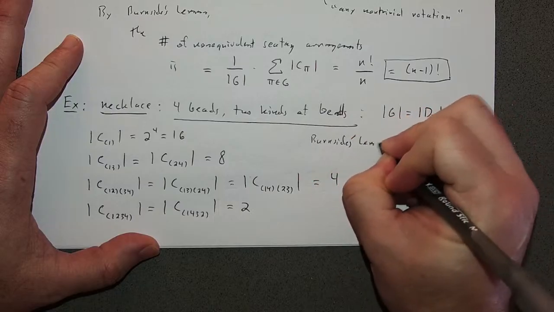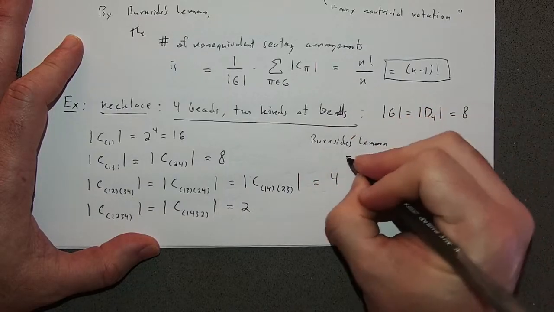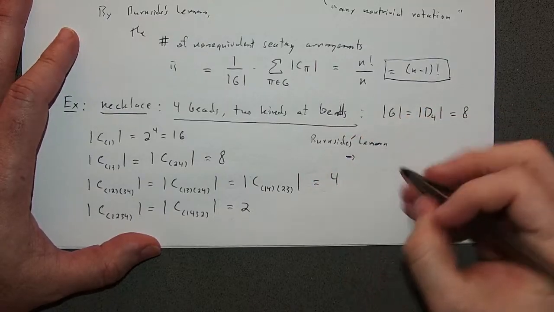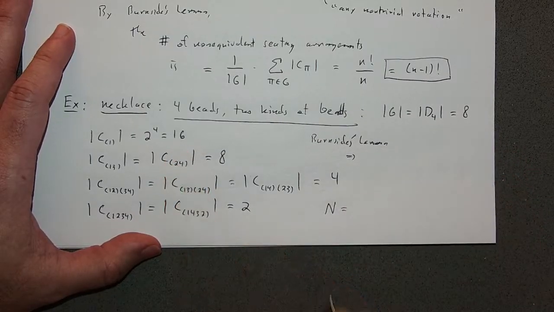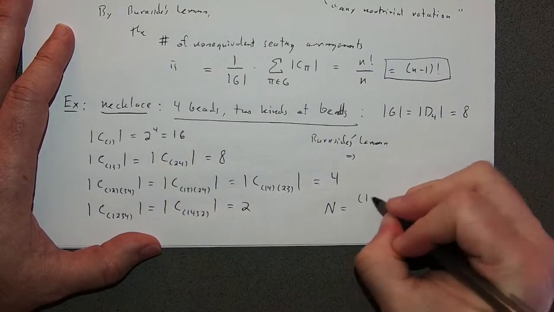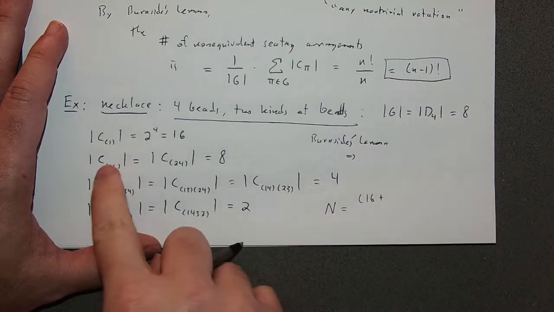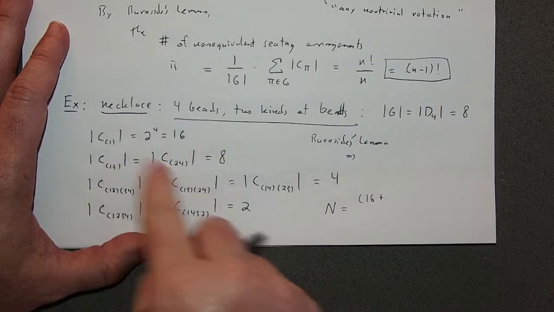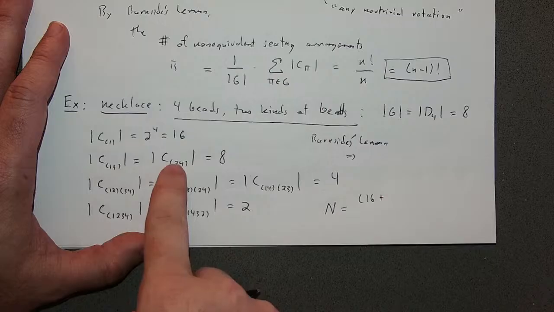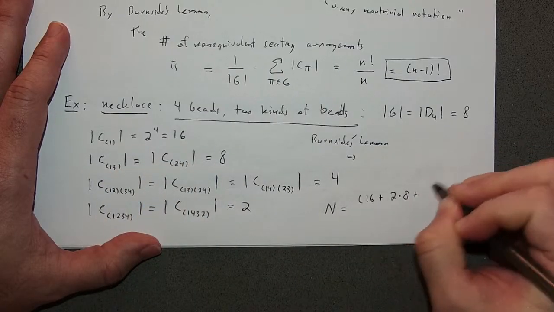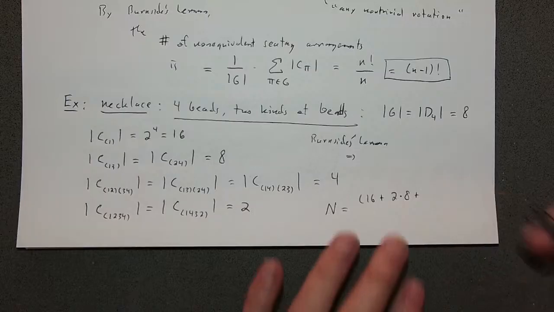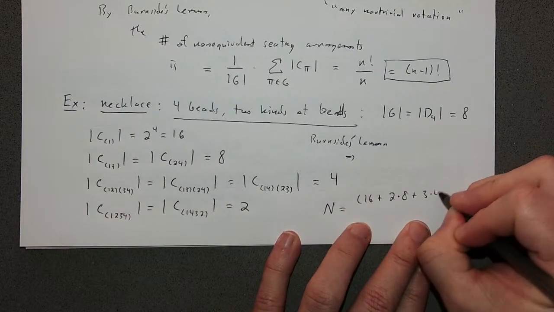Burnside's lemma implies that n is 16 plus there's two terms in the sum which are 8, so that's 2 times 8. Plus there's three terms in the sum which are 4, so that's 3 times 4.